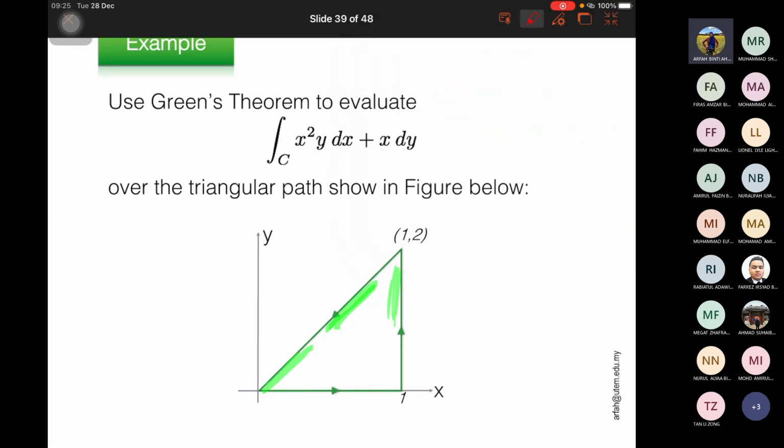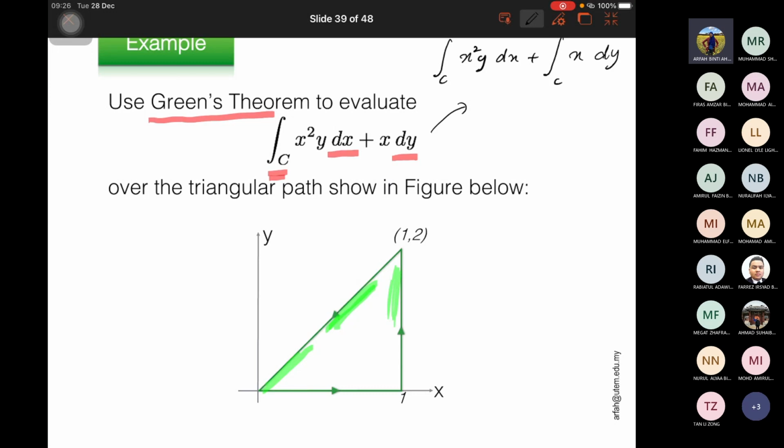So if you take a look at this question, awak ada dx dy. So kita tahu yang ini integration yang you nak cari either using line integral or using Green's theorem. Okay, soalan suruh guna Green's theorem and integration over the curve C, yang mana ianya sebenarnya adalah integration over the curve C x squared y dx plus integration over the curve C x dy.